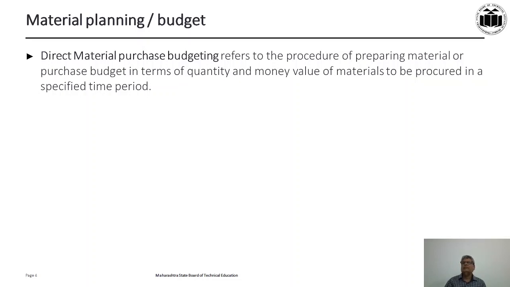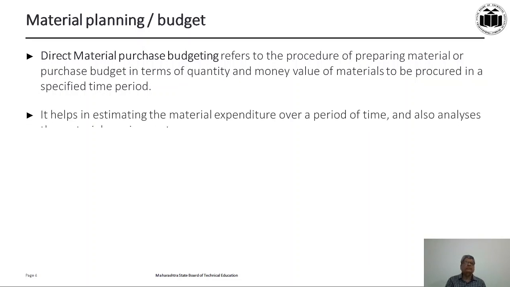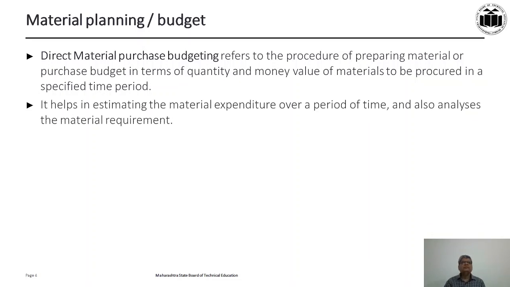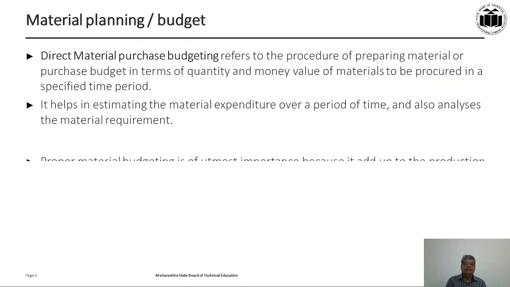So whatever materials you procure in a given time period, you have to express it in terms of quantity and money value. Now this budget helps in estimating the material expenditure over a period of time. So you understand how much material is expended over a period of time, and it also helps to analyze the material requirement.